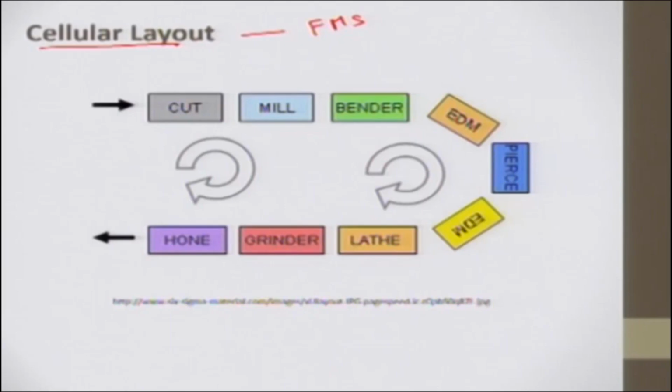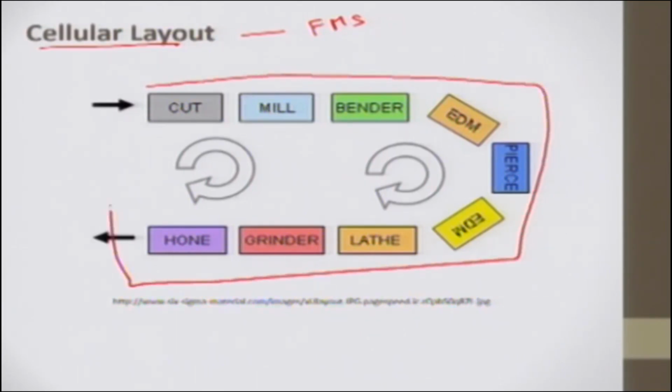And I would like to put some light on flexible manufacturing system here as well. In a flexible manufacturing system, the automated machine cells are there. This is one cell, and if we have a material handling system, for example there is a robot here who is picking up material from here and taking it to the second part. There is another robot here who is picking up a material and taking it here.